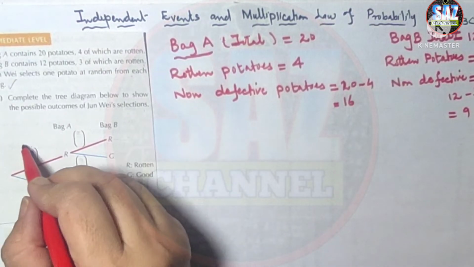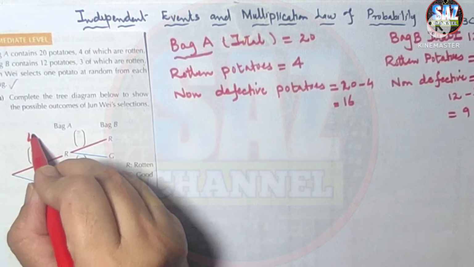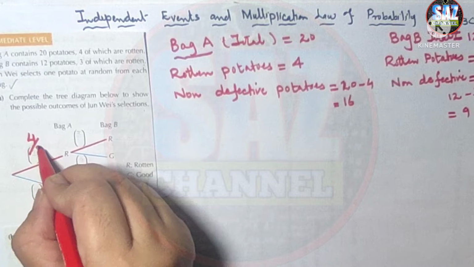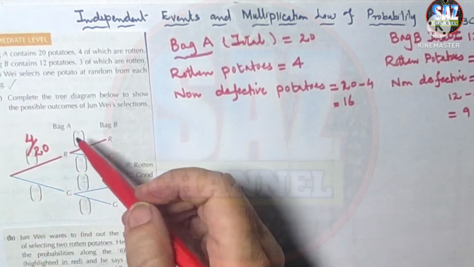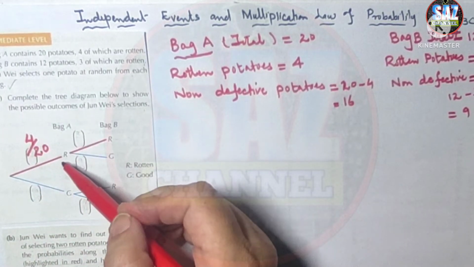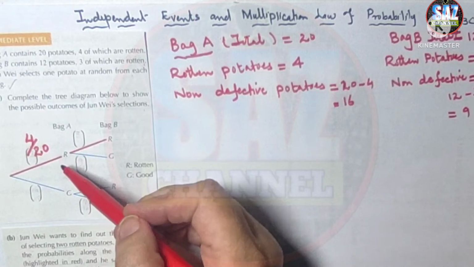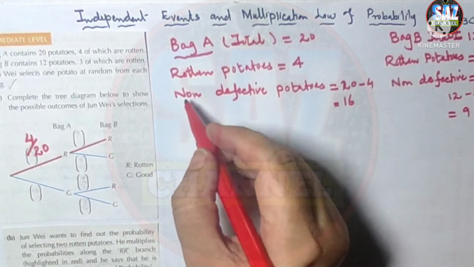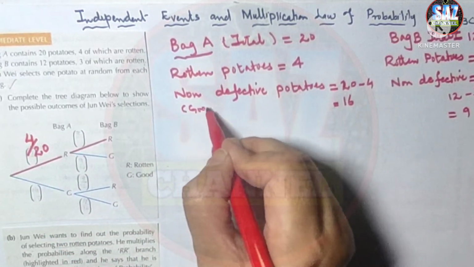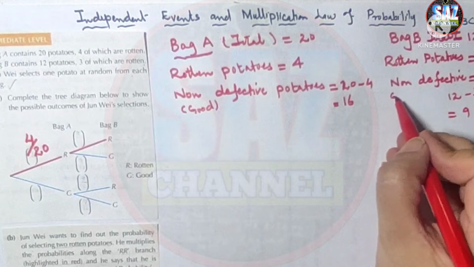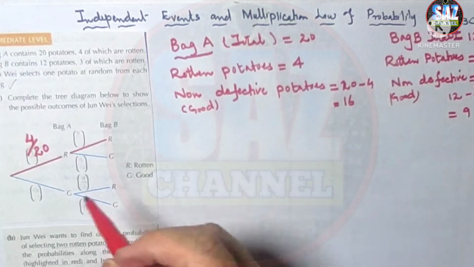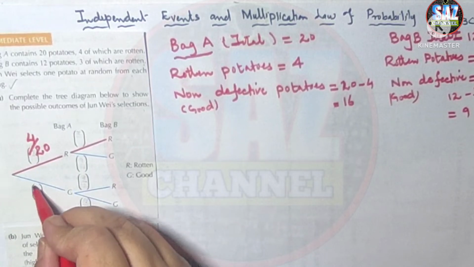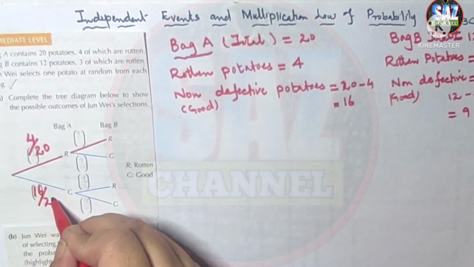I will be writing these probabilities a little bigger, so that my students can see this carefully. 4 by 20 chances are there for the defective or rotten potato, and for the non-defective or good potatoes, if out of 20, 4 are rotten, 16 by 20 are the good ones.